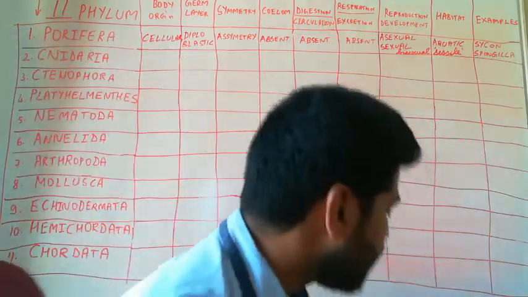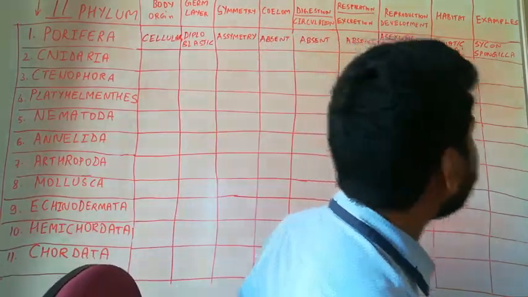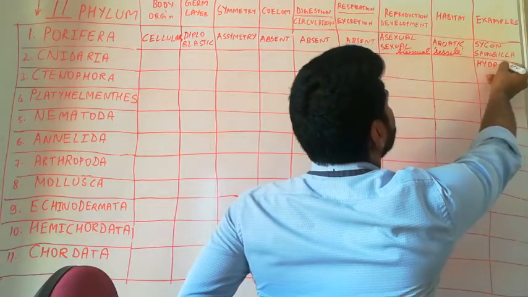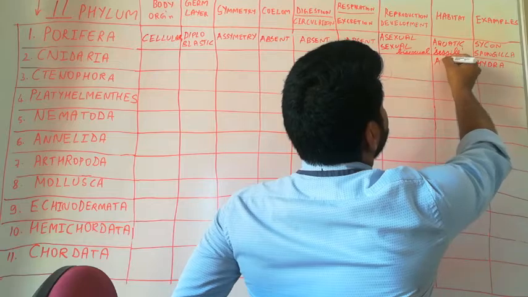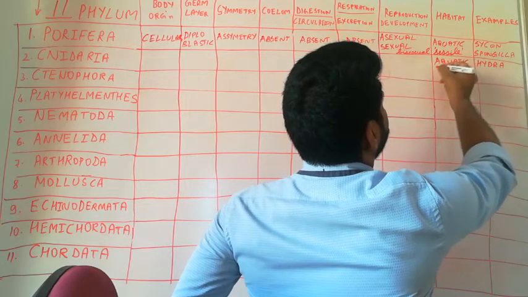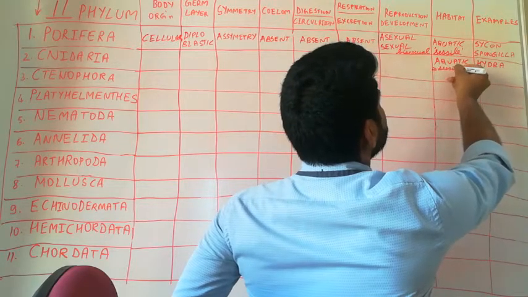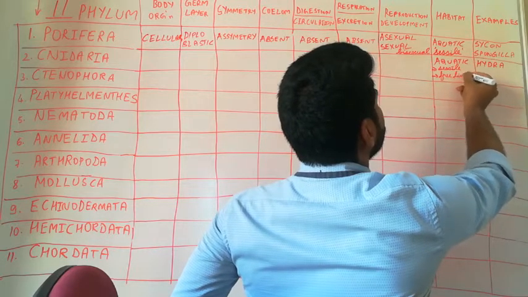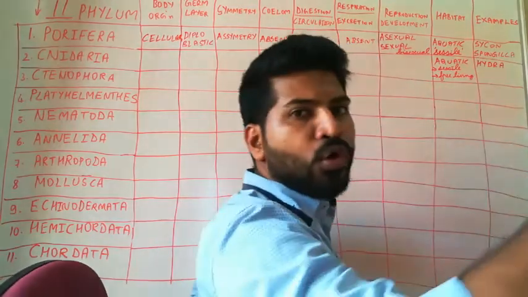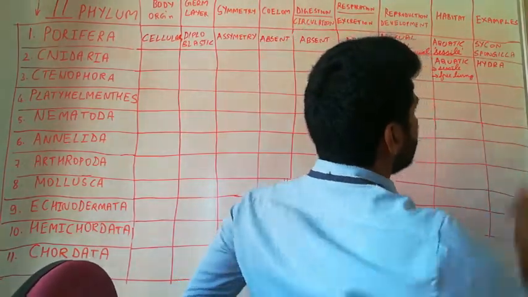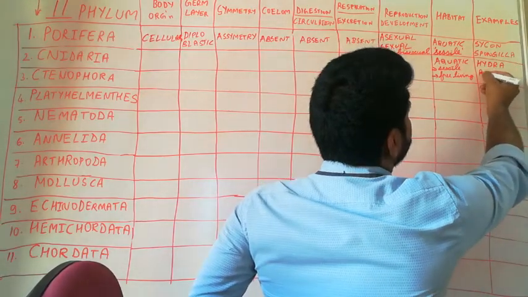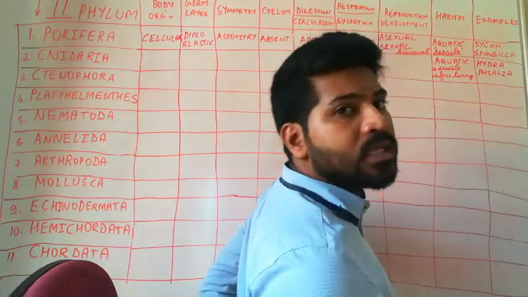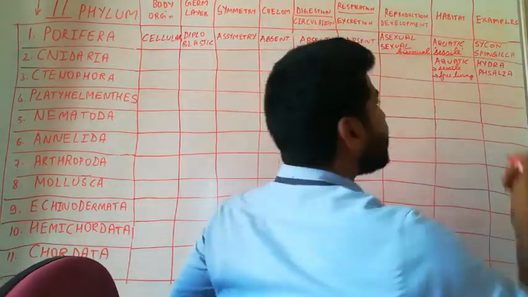The best example for Coelenterata or Cnidaria is Hydra, which you have studied in your lower classes, and these are once again aquatic. They could be attached to certain rocks or they could be free living. They can show movement on their own, being animals. Hydra is an example, Physalia is an example, Adamsia, and the jellyfish, that is Aurelia.